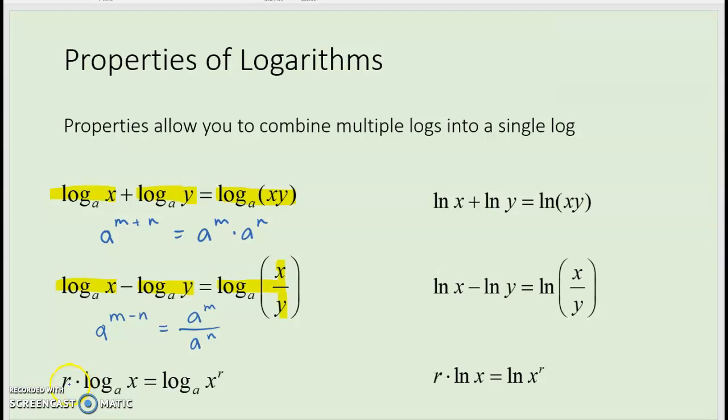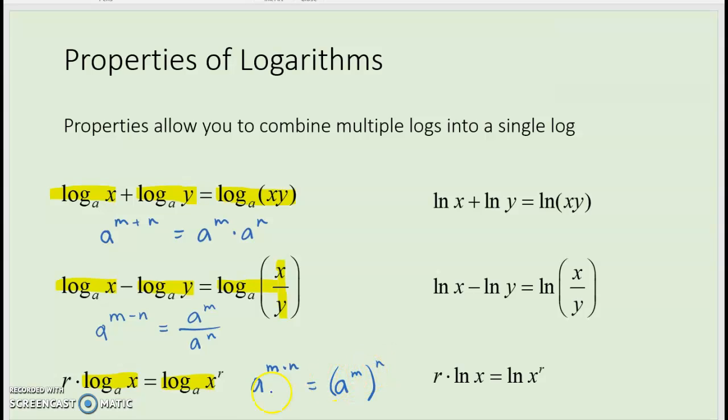The last one's a little bit different. It's r as a coefficient, so r times the log base a of x equals log base a of x to the r. So how does that happen? Well, if you'll remember, when we multiply exponents, a to the m times n in the exponent, that was a to the m raised to the n.